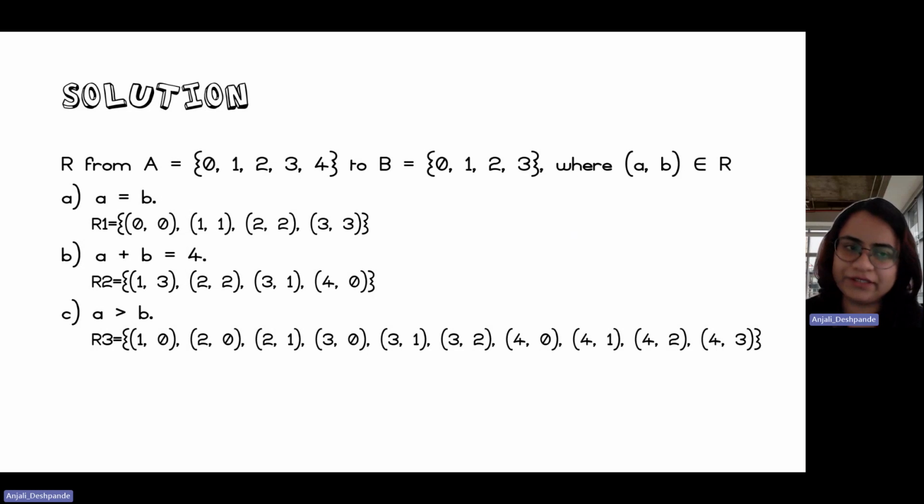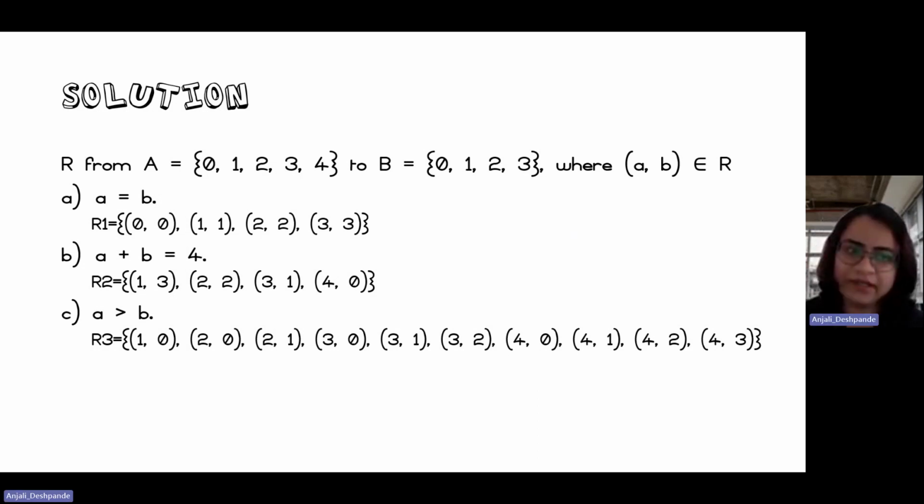In the first relation, only the tuples that satisfy the property a equal to b are included in the relation R1. If you see in R1, (0, 0) is a tuple because 0 is equal to 0. The first element is from set A, and the second element is from set B. In the second example, a plus b equal to 4.